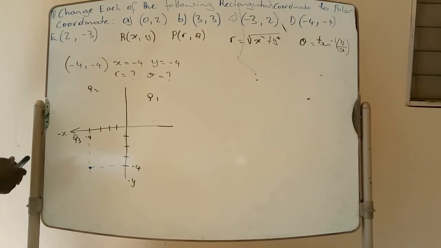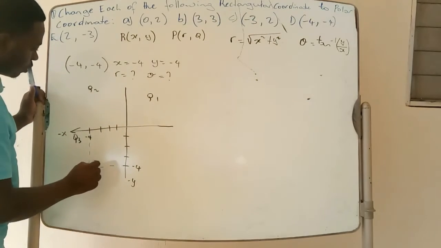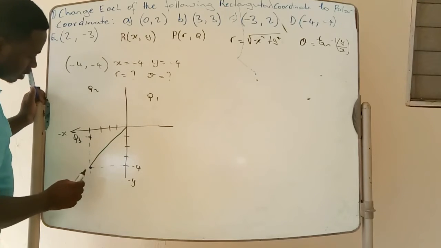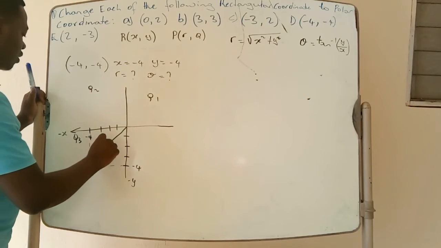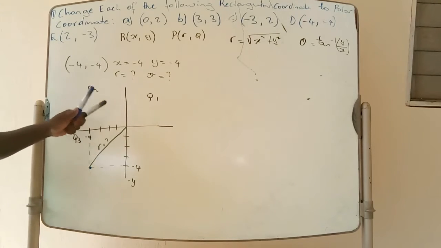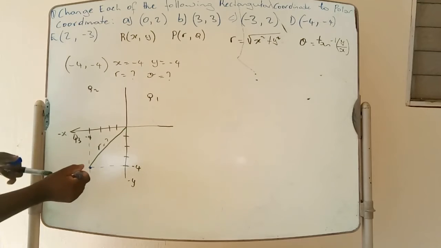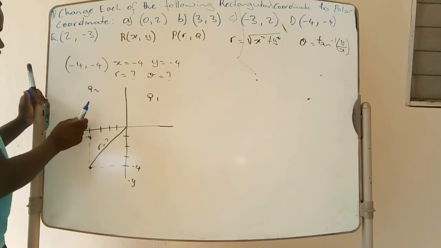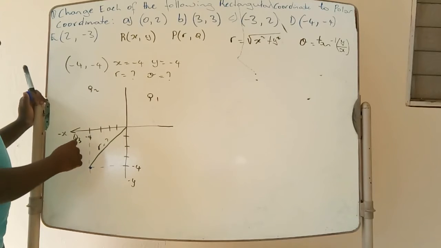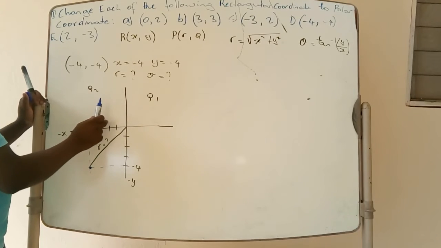Now we need the radius, and that's the line that connects this point to the origin. So it would be a line like this, and this would be r. Now, we know that this distance here, the height, is just -4, and this is just -4.